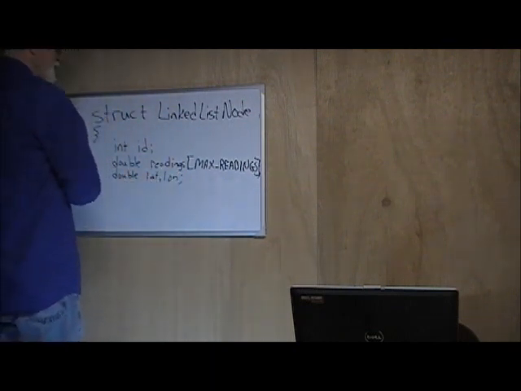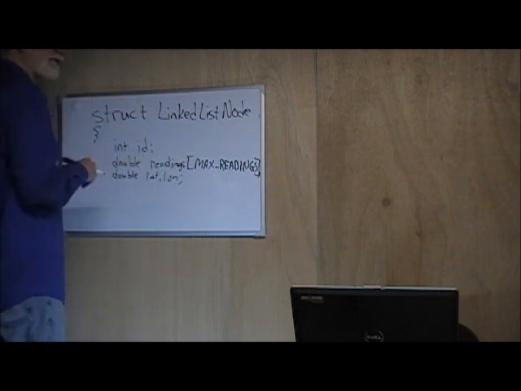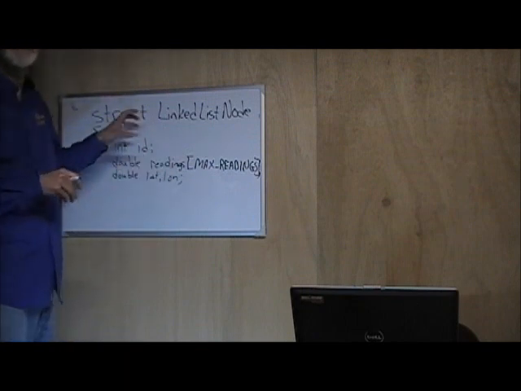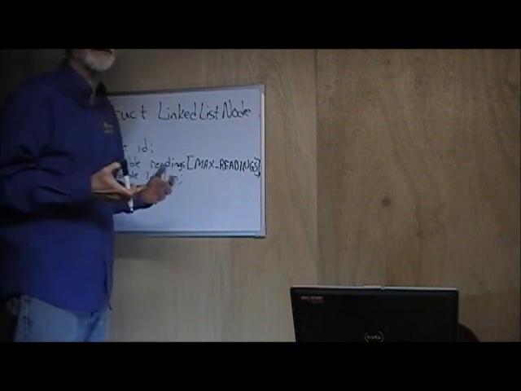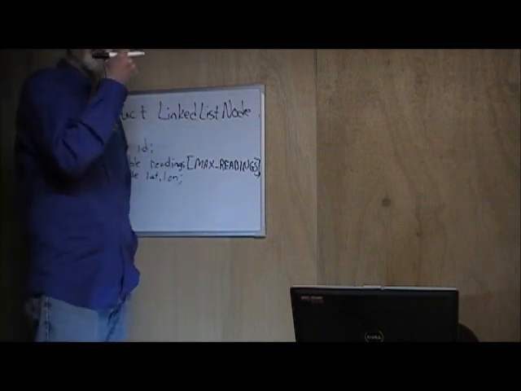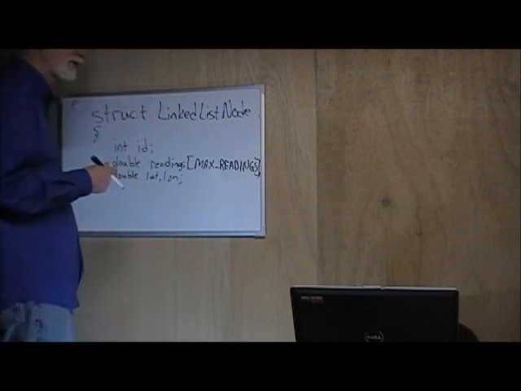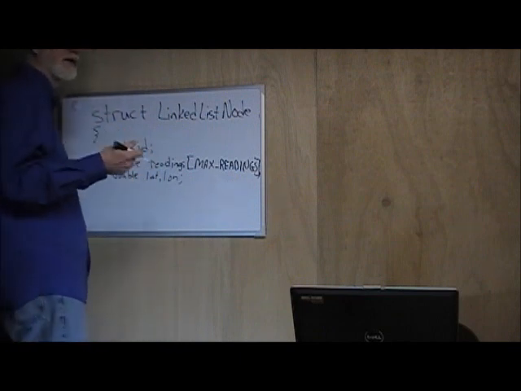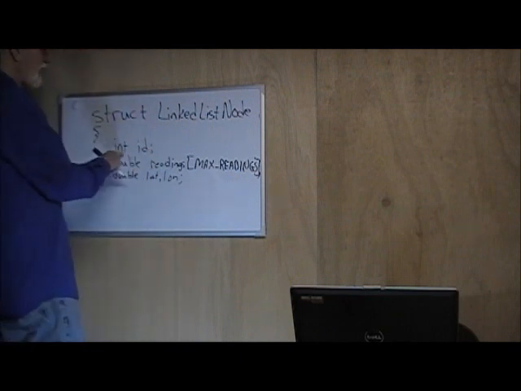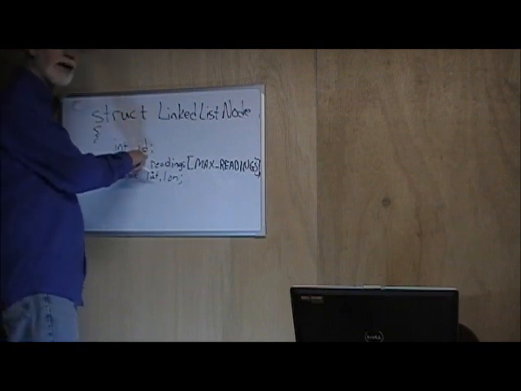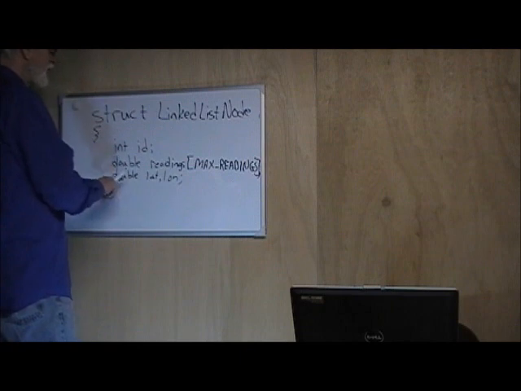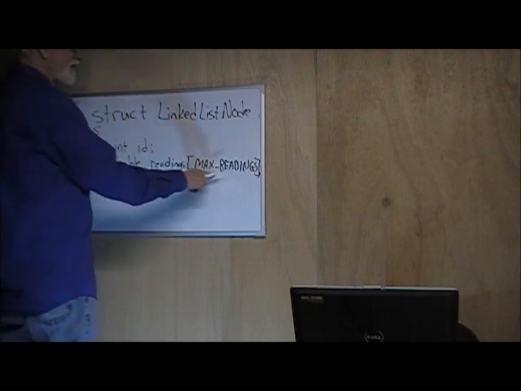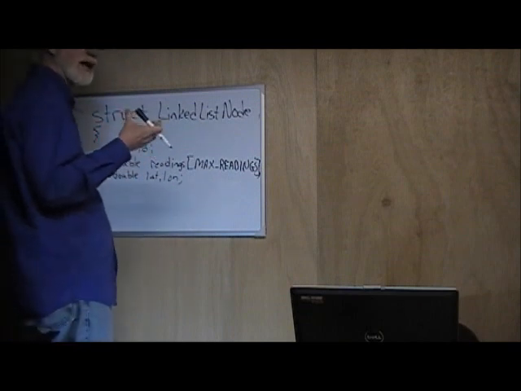What we've got here is actually for sensor network nodes. I've done some sensor network research, so I usually pull my programs from work that I've done in the past or things that I find interesting. So I've got a sensor ID, and this might be an ID for the network. I have a double array, which is the last 5 readings, so we're going to have a sliding window.